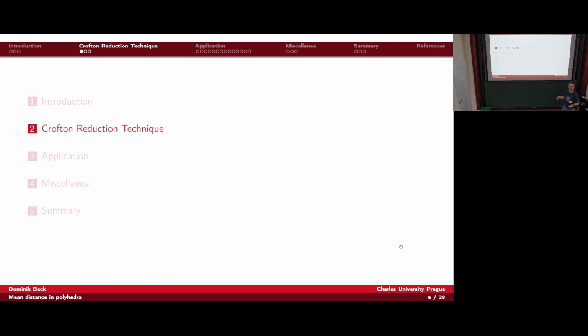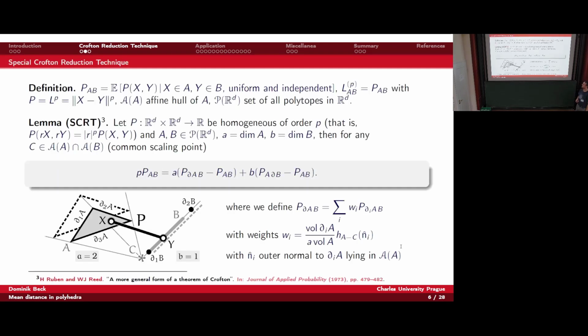But this is not the only Crofton achievement. He actually came up with this reduction technique, which is also maybe known to a lot of you. But let's just go quickly through the technique.